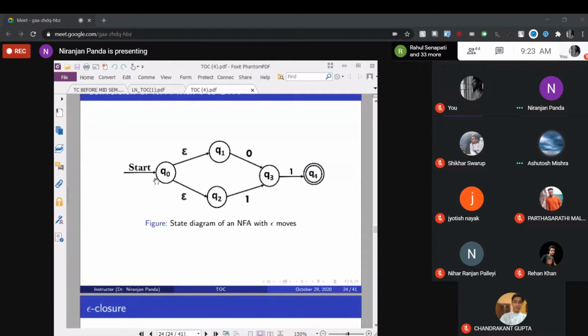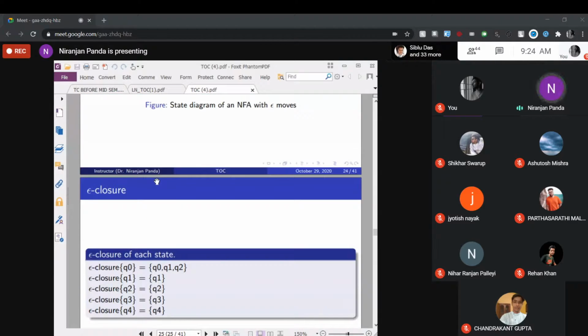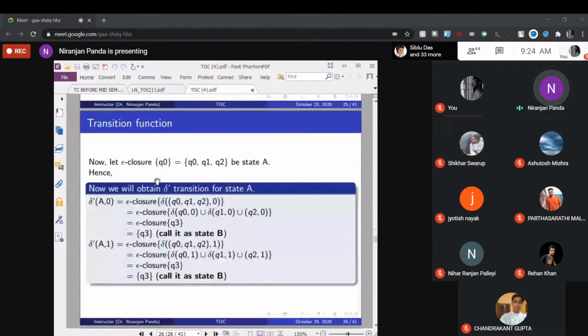Now here, what is the initial state of the NFA? Q0. Then what is its epsilon closure? Q0, Q1, Q2. That is a state of the DFA, which is the initial state of the DFA. Got it? The epsilon closure of the initial state Q0 is Q0, Q1, Q2, and this is the initial state of the DFA.